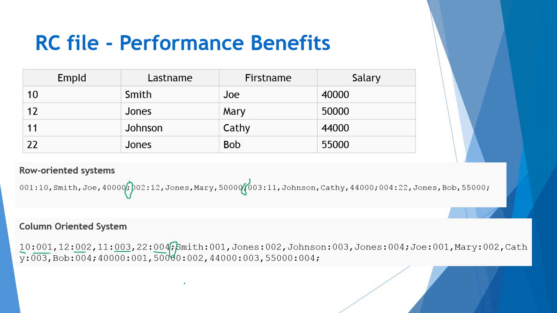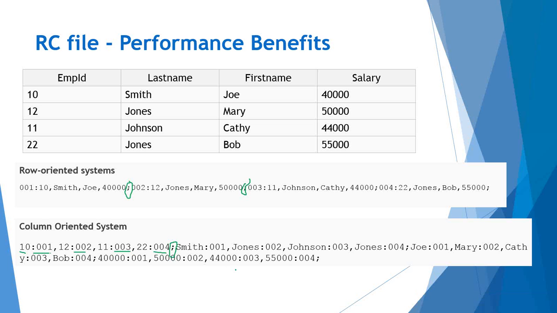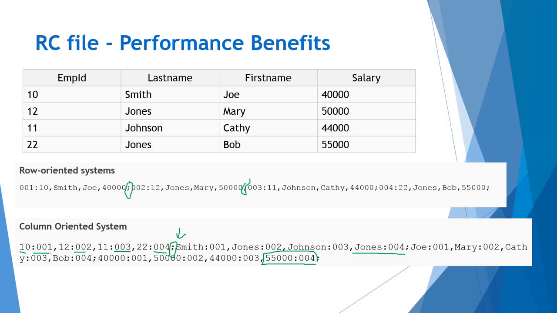So if I say a where clause salary is greater than 50,000, I'll go directly to where the salary is starting. I'll quickly check that row number 4 is the only one having salary greater than 50,000. And I just want to print the name. So now my pointer will come over here, I'll come to row number 4 and will print only Jones.